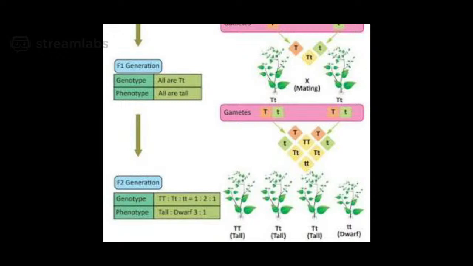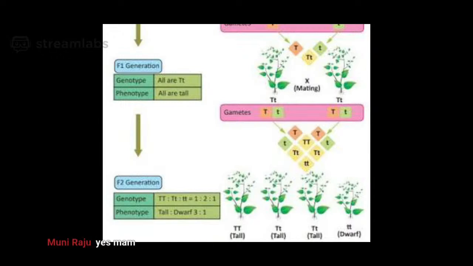This indicates 3 plants are tall and 1 plant is dwarf. And hence the ratio is 3:1.